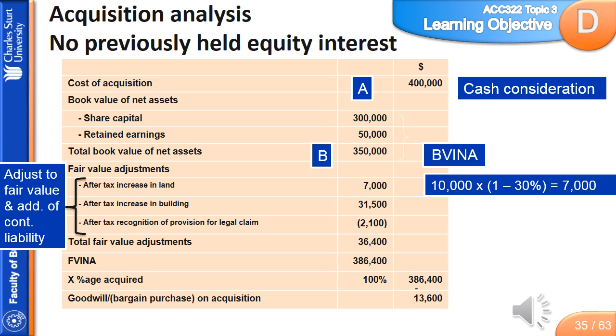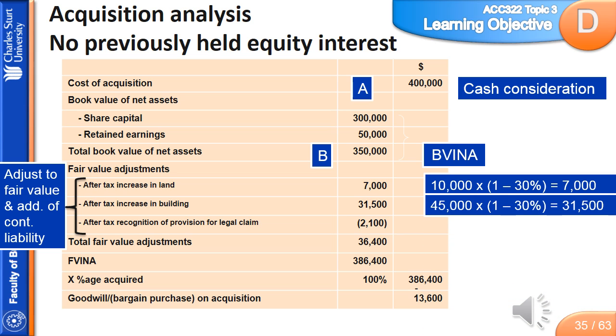Same with the buildings. It was recognized as a $45,000 increase, and so less the 30% tax effect would mean it is a $31,500 adjustment to equity.